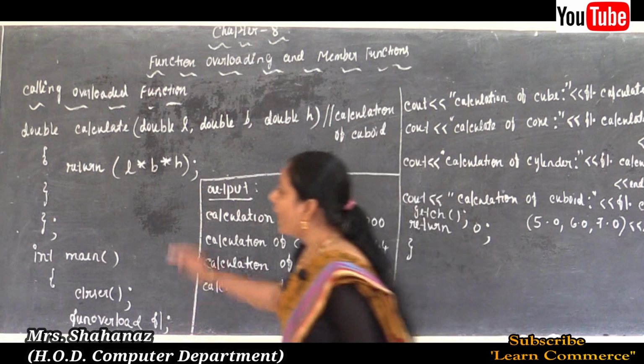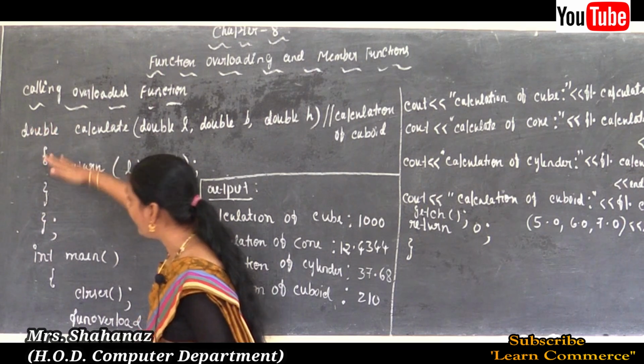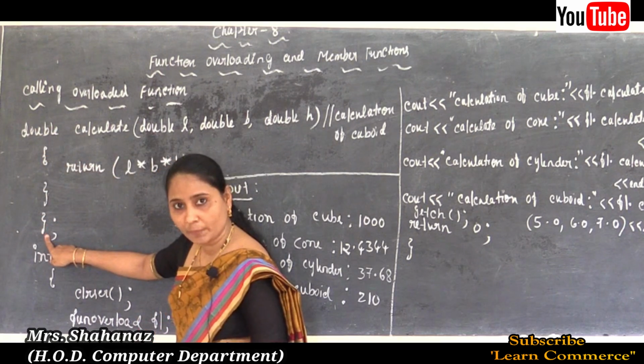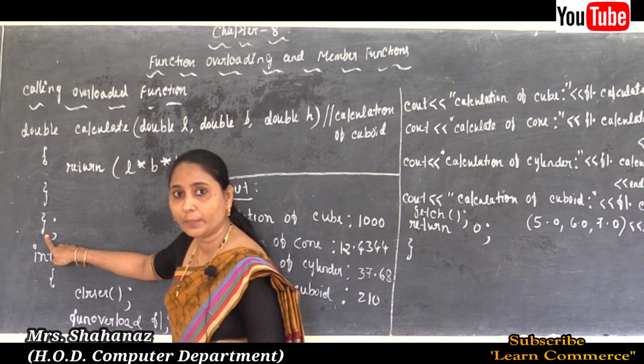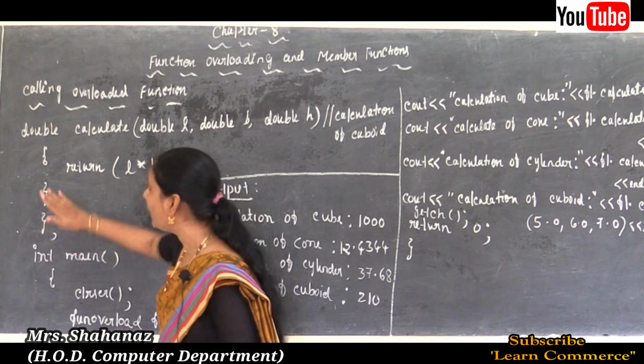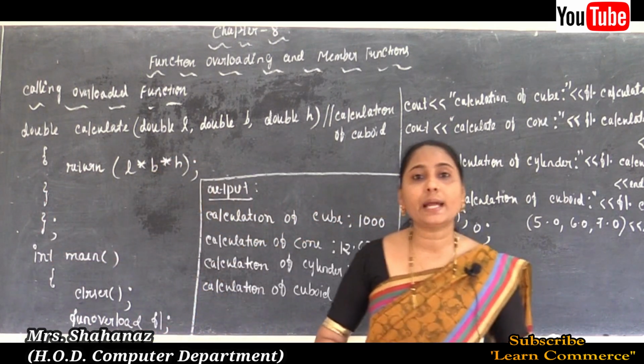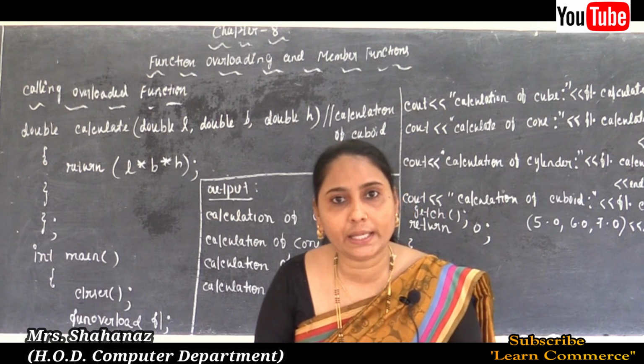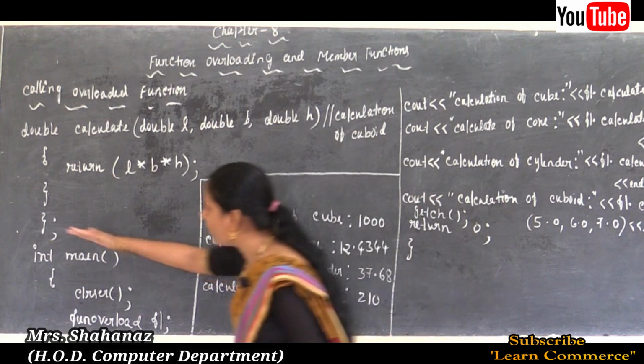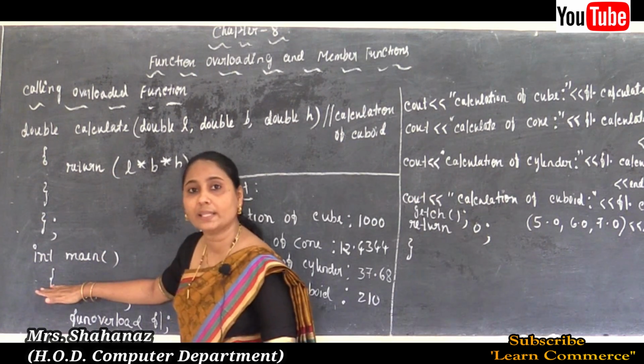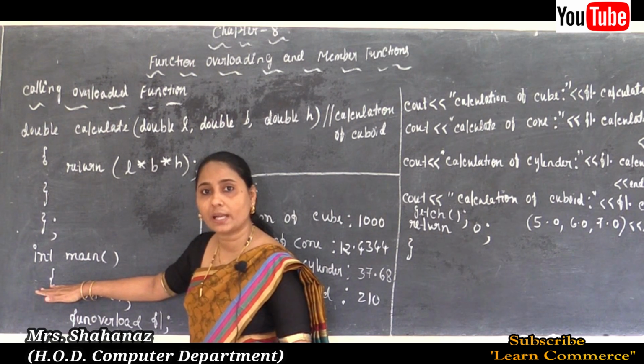Okay, whatever we complete before the flower bracket semicolon is called the inside class definition, within the class. And whatever we complete after that is called the outside class definition.